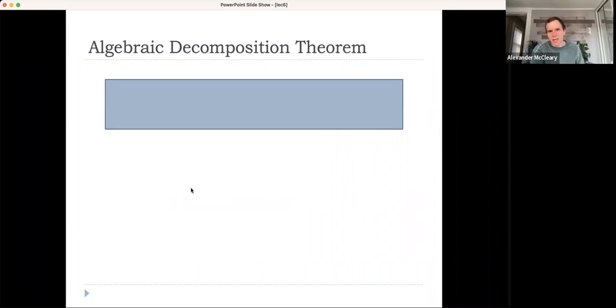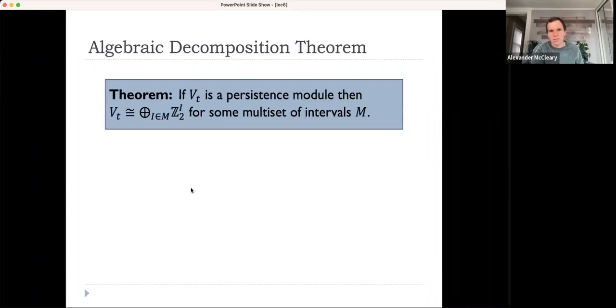Okay, so now we're ready to state the algebraic decomposition theorem. If we have a tame persistence module, then the persistence module is isomorphic to a direct sum of these interval modules here.